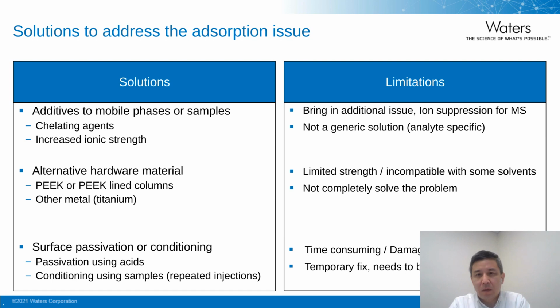Also, people can alter the mobile phase, like increase the ionic strength or change the pH to try to eliminate or reduce the adsorption. The limitation to this approach is that adding additives can bring in additional issues, such as ion suppression for the mass spec detection.